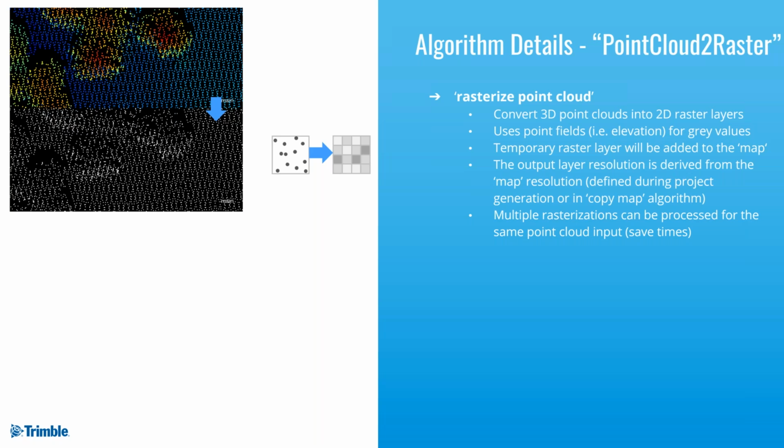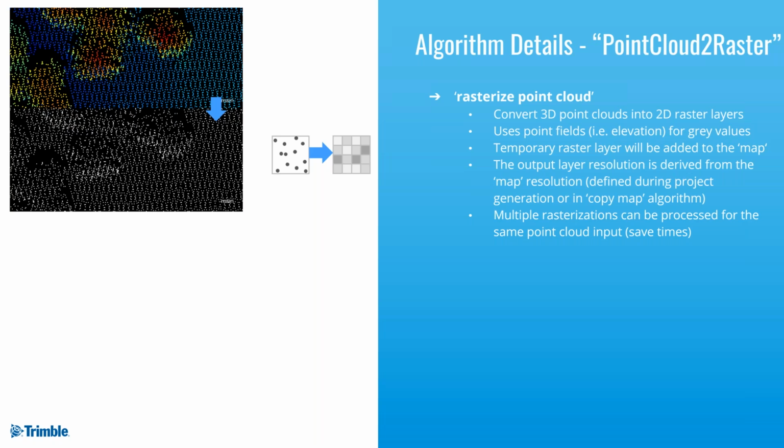What we use here is that the output layer resolution will be derived from the map resolution, which is again defined during project generation, or if you set up a copy map algorithm in eCognition, you can adjust the resolution.